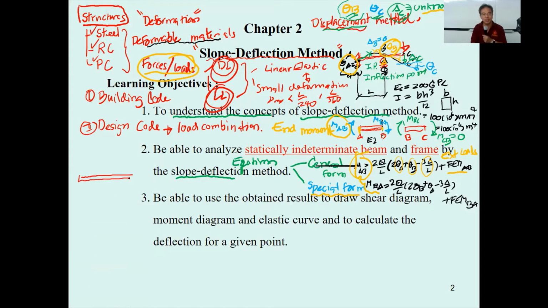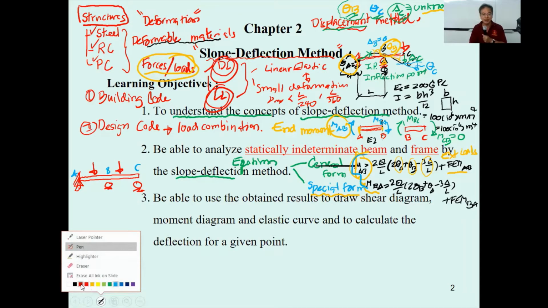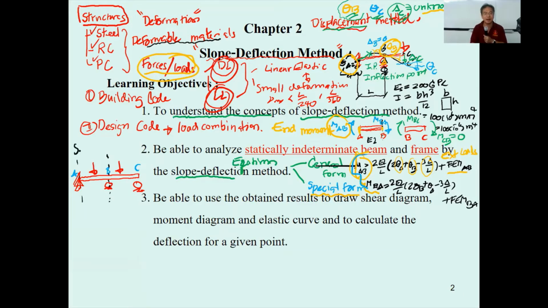You have the beam, and let's say this one is fixed, this one is a roller, and this one is a roller, with a force applied something like this. From the previous discussion, if this is A, this is B, and this is C, let me mention it again: this segment AB will have the equations of M sub AB and M sub BA.